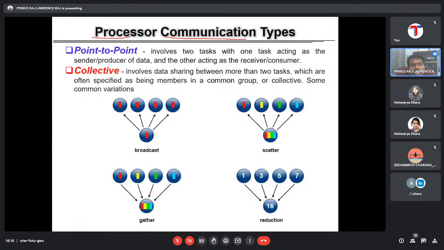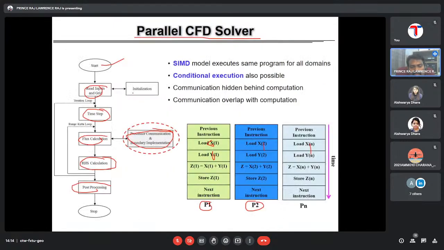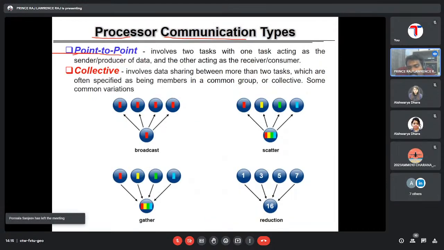It is point to point communication, which means one processor, for example this one, will communicate with only this processor. Or P1 will communicate with Pn. Or P1 will communicate with P2. That's it. So this is single point communication, your point to point communication.